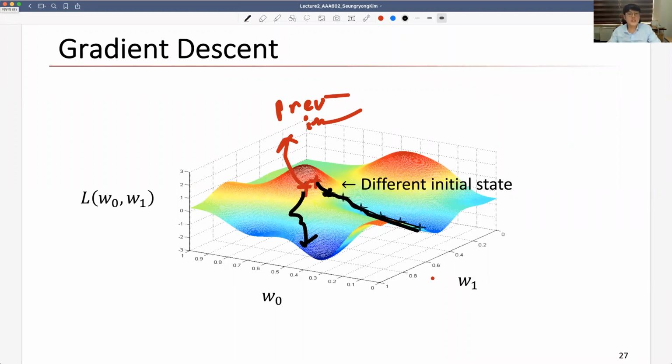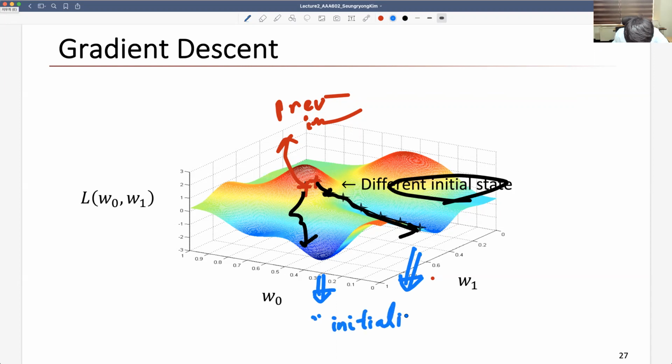The optimization path with this initial parameter looks like this. So what does it mean? Let's suppose we use the same learning rate and same gradient computation method, and the only difference is the initialization step.